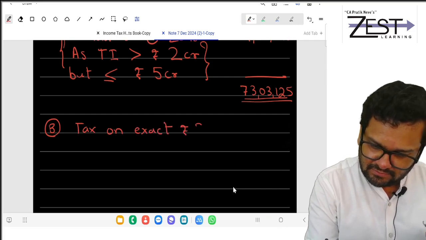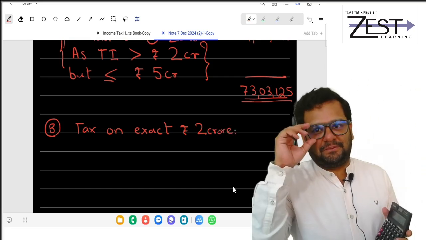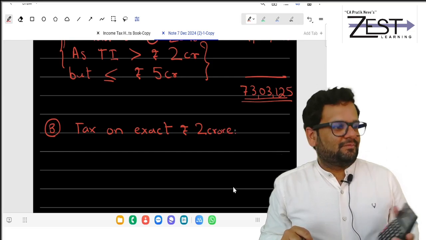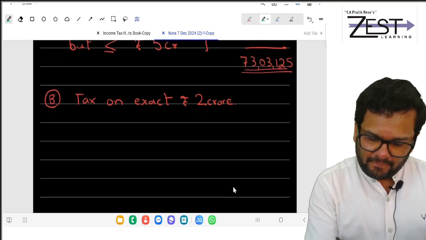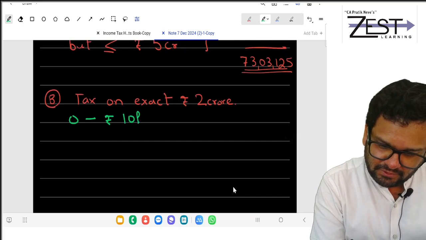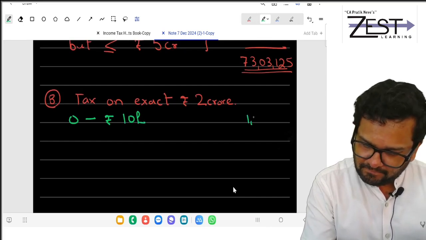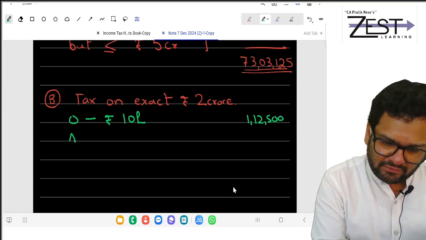2 CR. Calculate now on exact 2 CR. How will you do that? 0 to 10 lakhs, 1,12,500.